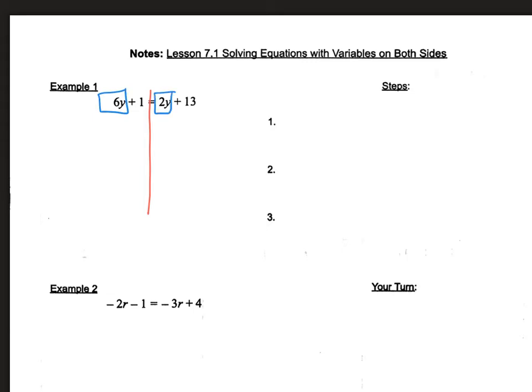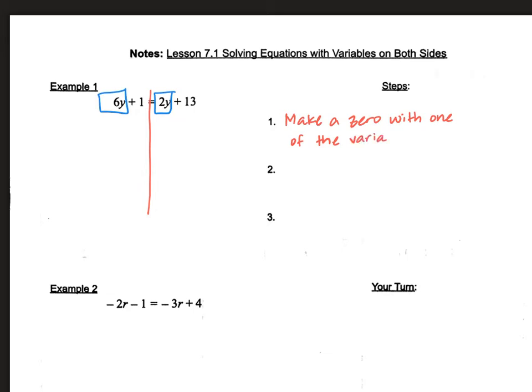And our first step is we want to make a 0 with one of the variables, or one of the variable terms, so one of the terms that has the variable in it.